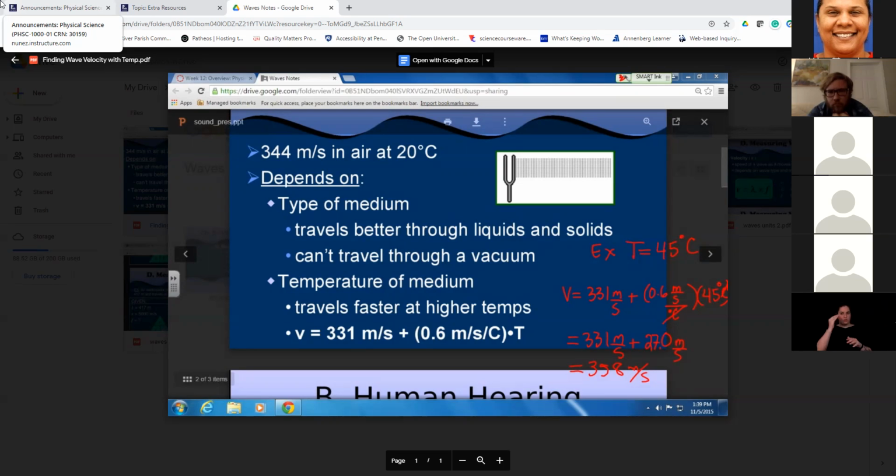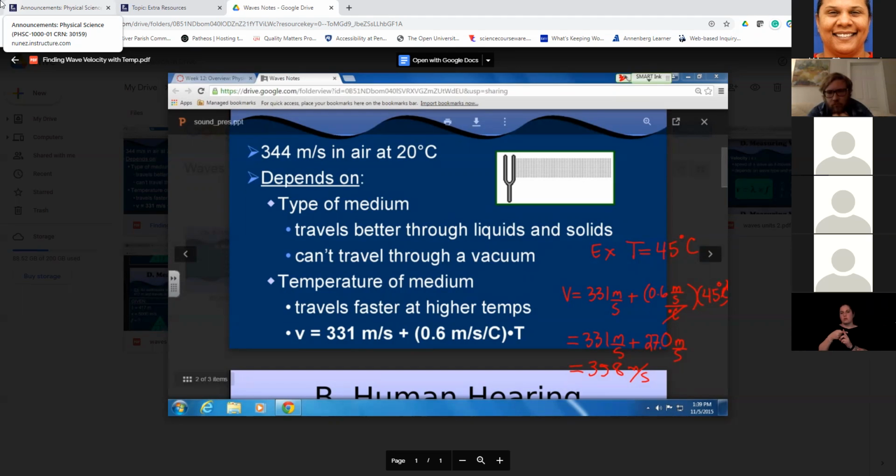And the formula that's listed is what we can use to do that. So it says the speed V is equal to 331 meters per second, which is like the baseline, plus 0.6 meters per second per degree Celsius. And then the T in this formula stands for temperature.